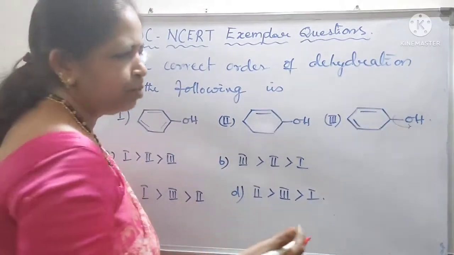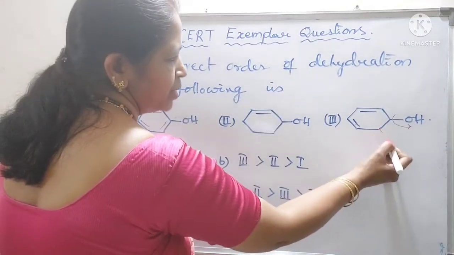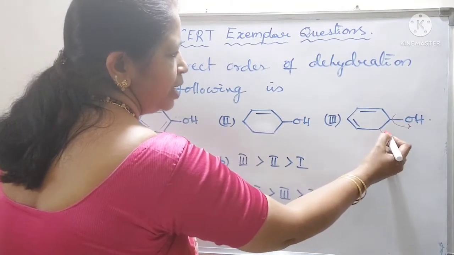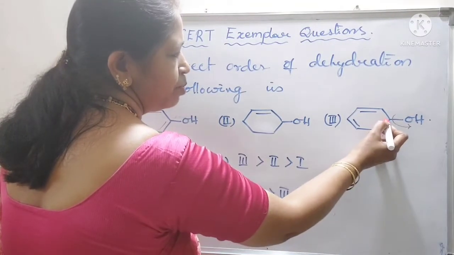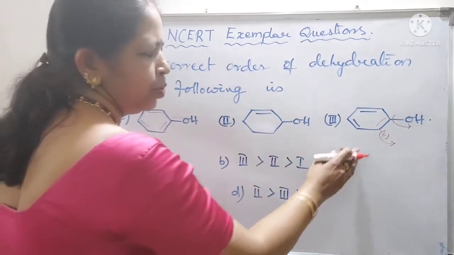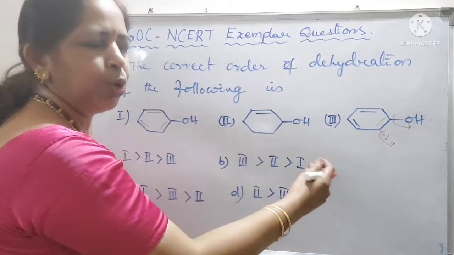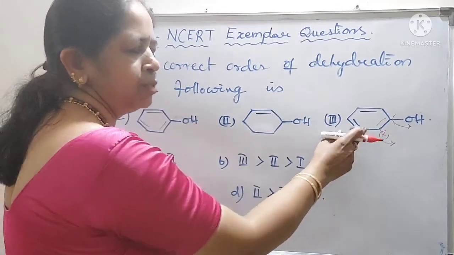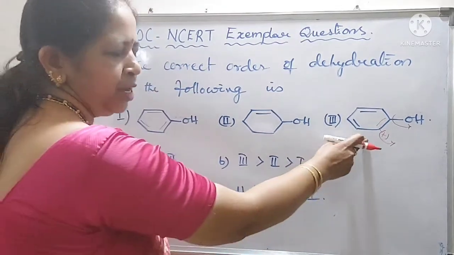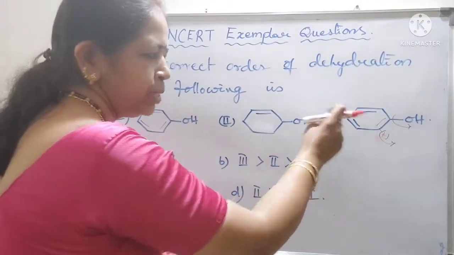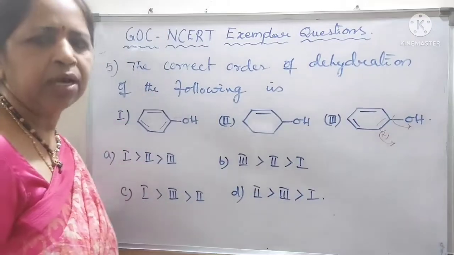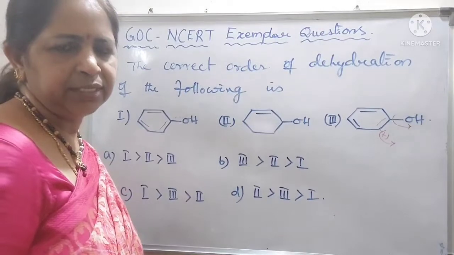Which hydrogen is eliminated? The hydrogen present on this adjacent carbon. On the elimination of this hydrogen, there is a formation of double bond here. So this undergoes dehydration more readily because it forms a more stable benzene ring, which has a conjugated double bonded system.